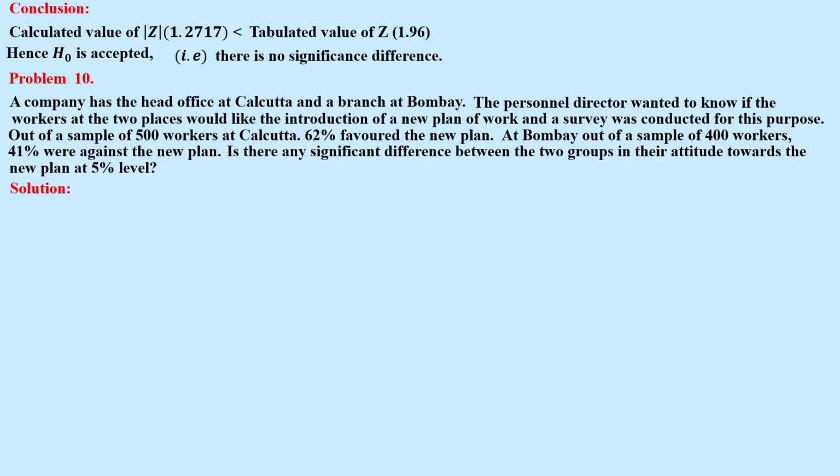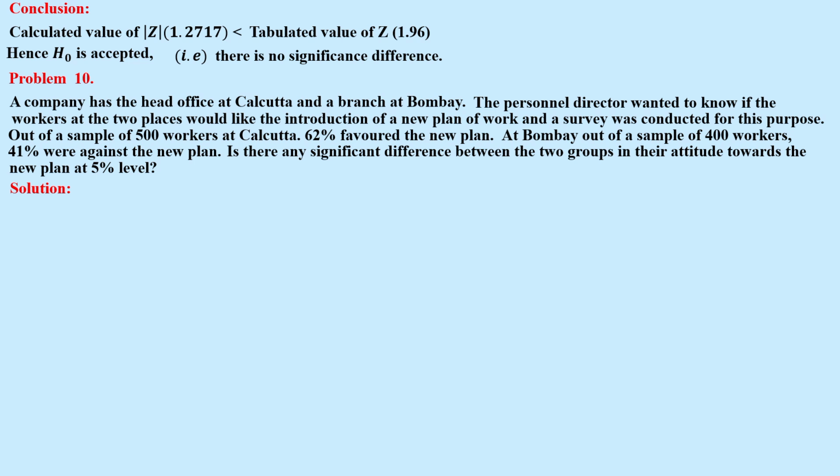So the head office is at Calcutta, and they have a branch office in Bombay. They are going to implement a new plan. New plan means office plan: starting time, end time, weekly holidays, the increment, whatever it is. So they want to introduce a new plan and they asked their staff.